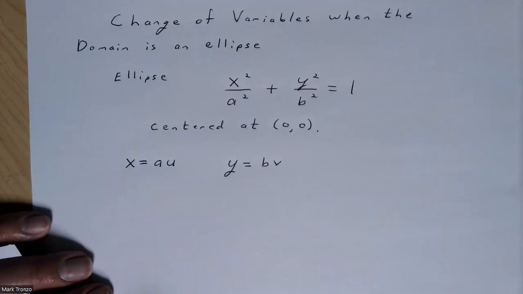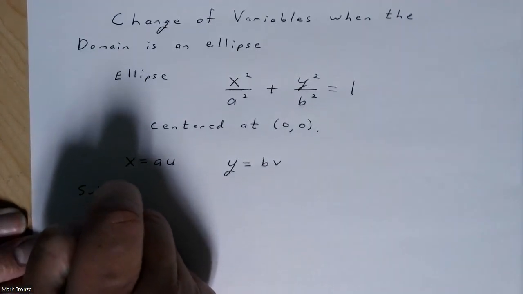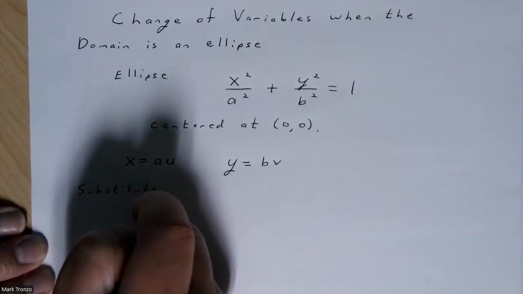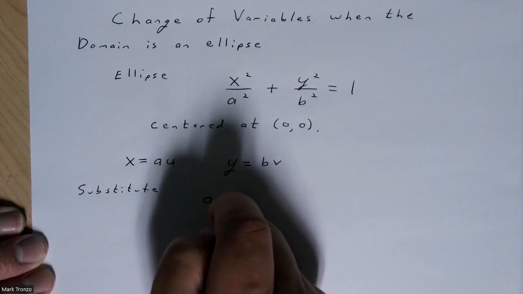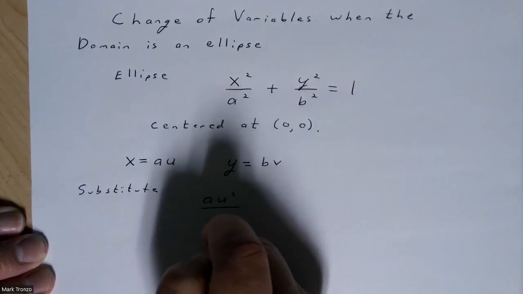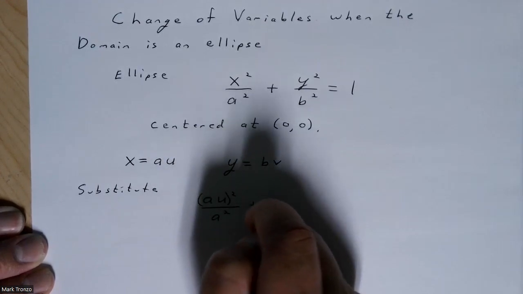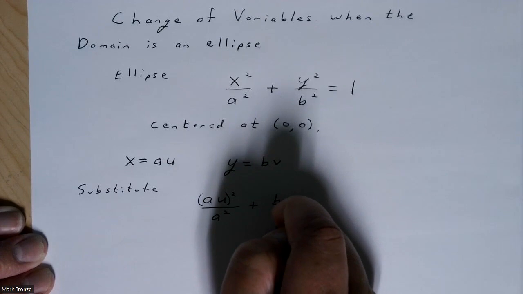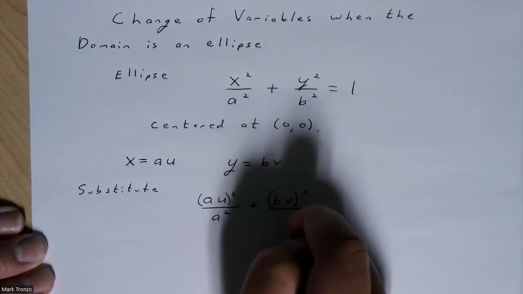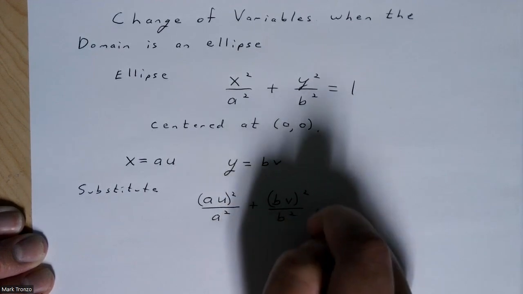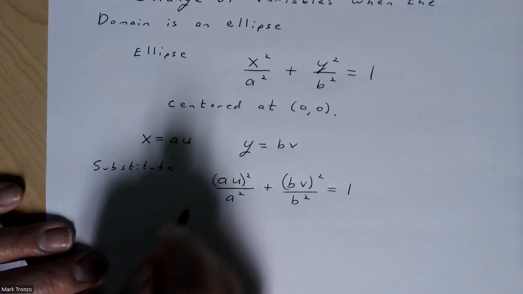So let's substitute into up here. So we're going to have au squared divided by a squared plus bv squared divided by b squared is equal to 1. Now let's see what we get.